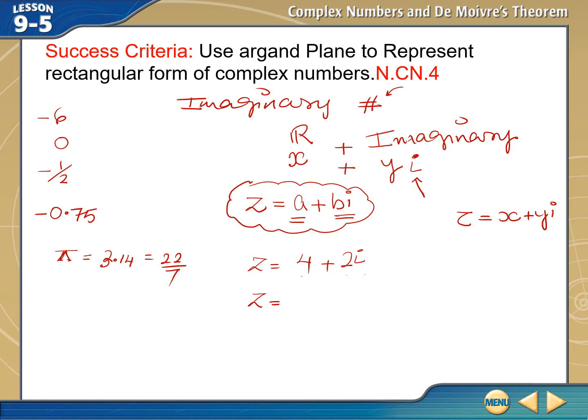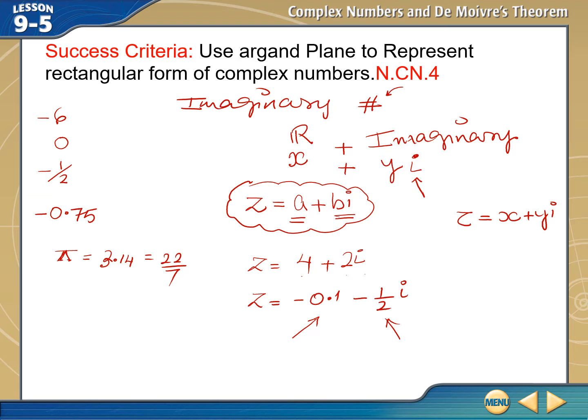The numbers can be negative, can be fractions, and could be anything. So let's suppose I make it negative 0.1 and negative, for example, 1/2 or half, and i. So this is also a complex number, the reason being that it contains the real part and also an imaginary part.